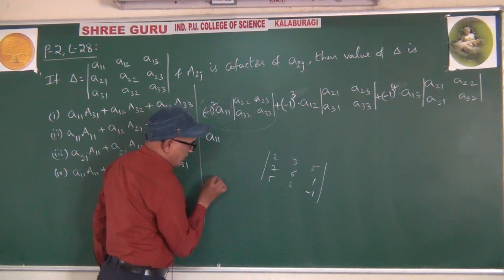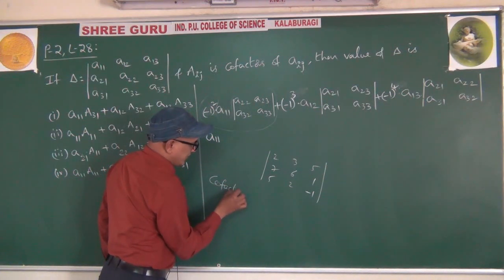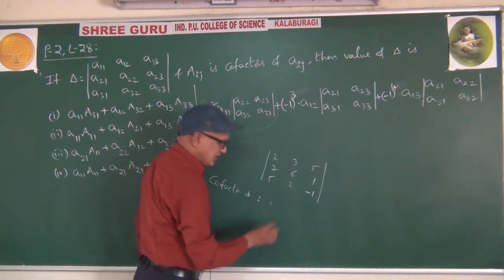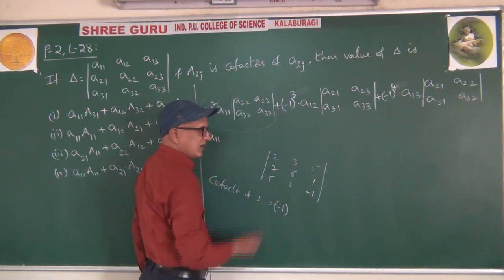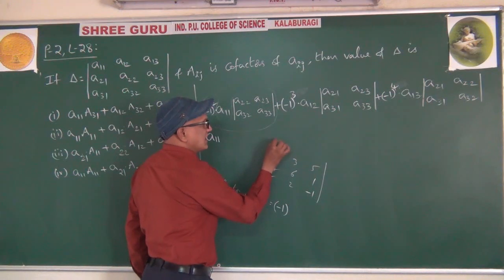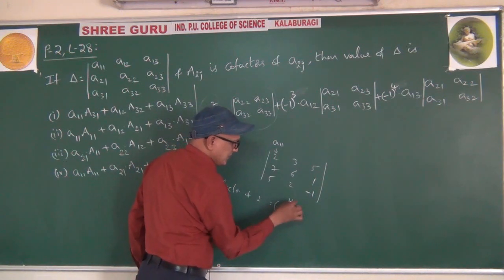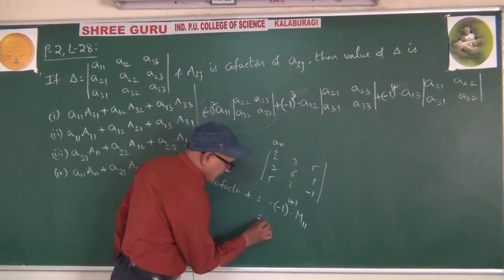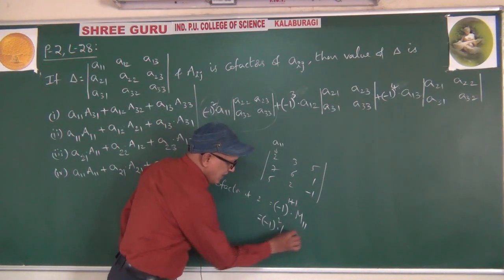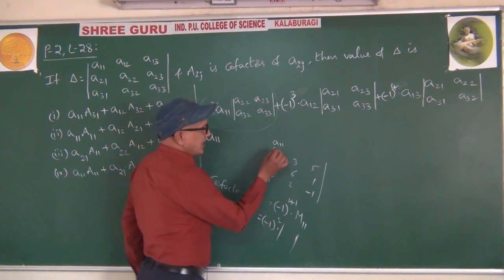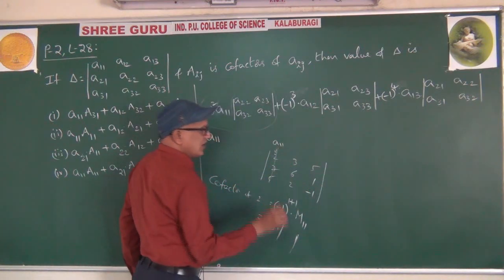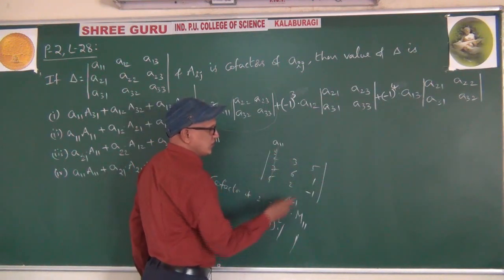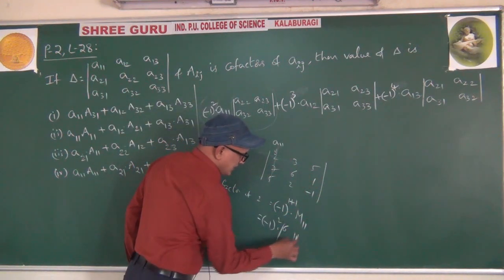The cofactor of 2 equals minus 1 whole power the address of this number, 1 plus 1, into M11. That is minus 1 whole square M11. How to find M11? Remove this row, remove this column, because we are finding the cofactor of 2. For the remaining part, the determinant.